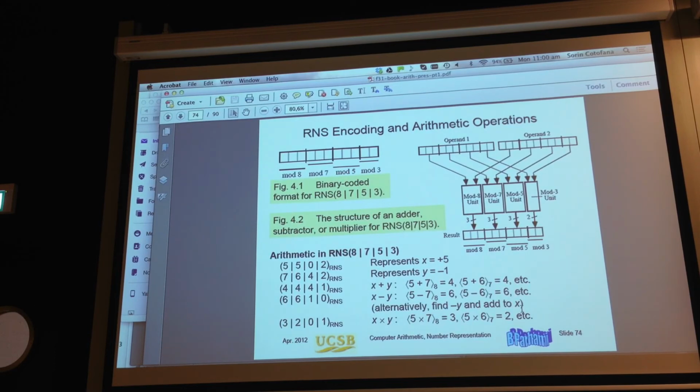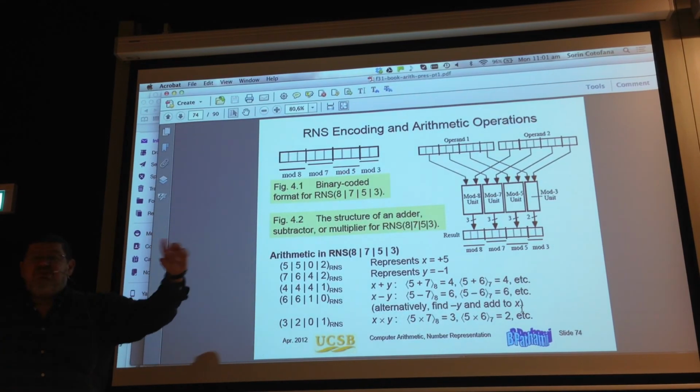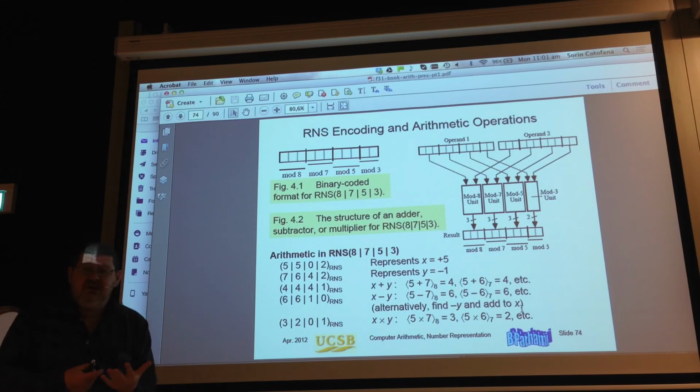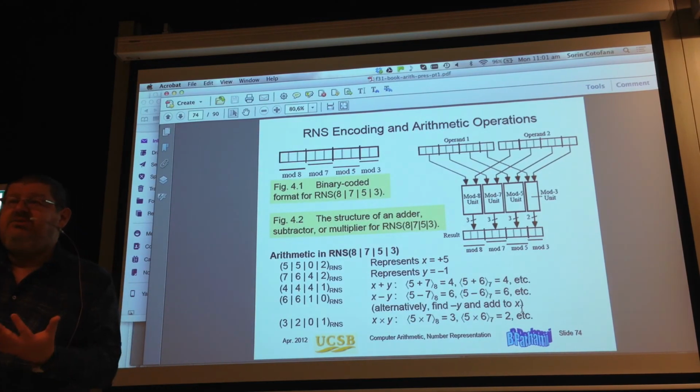Modulo 8 means 0 to 7, 3 bits are enough. Modulo 7, 0 to 6, 3 bits are enough. Modulo 5, 0 to 4, 3 bits are enough. You see here I'm wasting a bit, which I'm using only for one combination. Modulo 3, 0 to 2, 2 bits. Then I use more bits than I should in a normal binary representation.